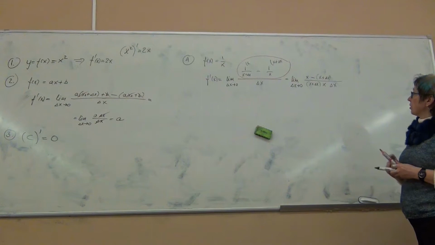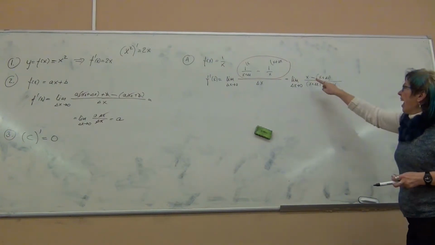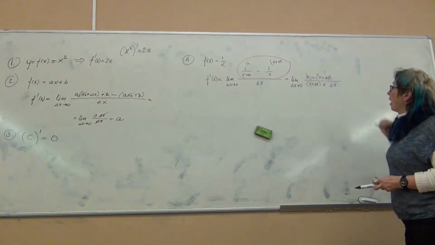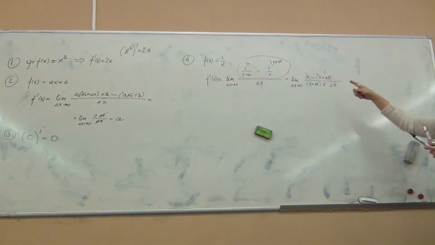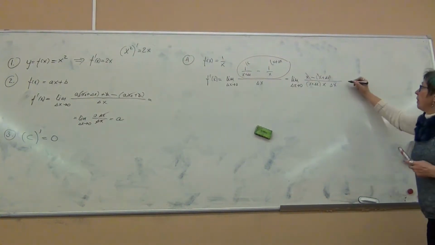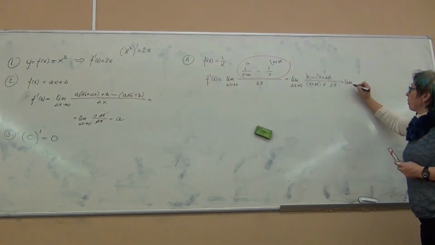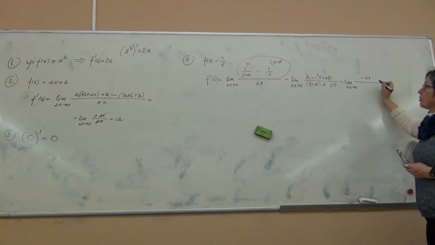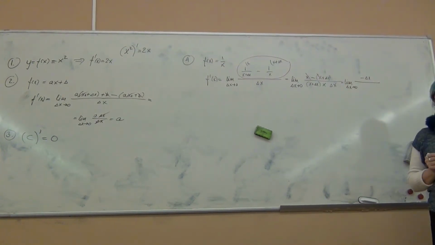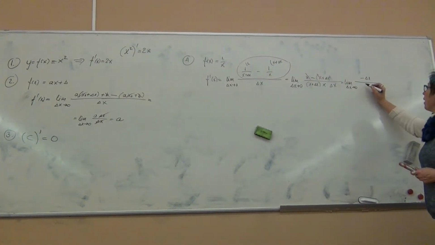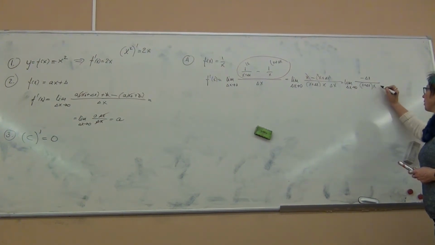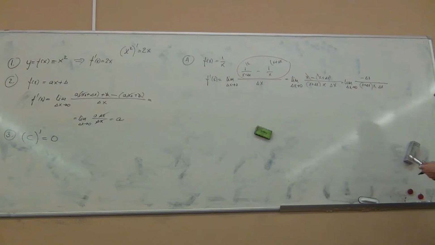Now let's see what's going to happen. x minus x, these will cancel out. So I have minus delta x remaining in the limit, as delta x tends to 0, minus delta x remains in the numerator. In the denominator, I have x plus delta x times x times delta x.